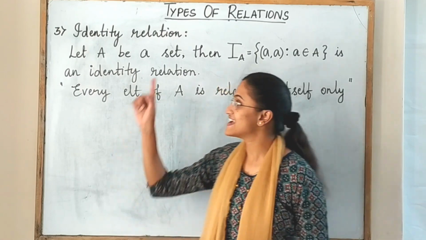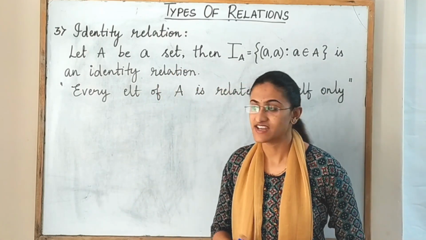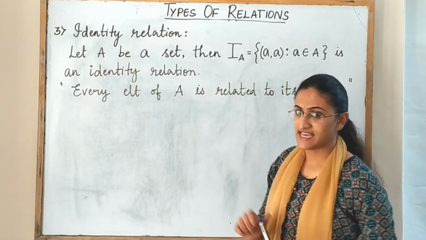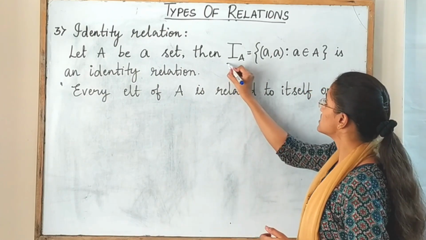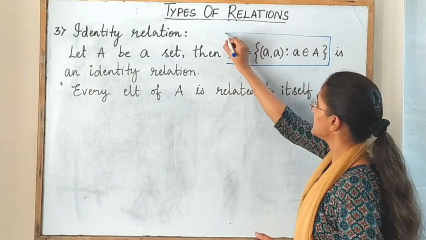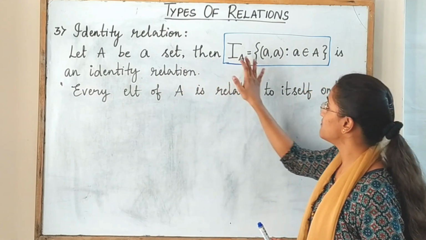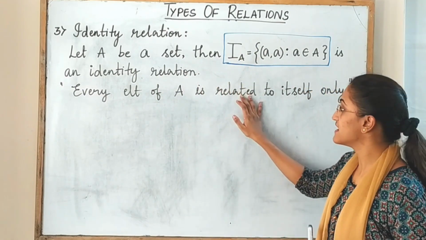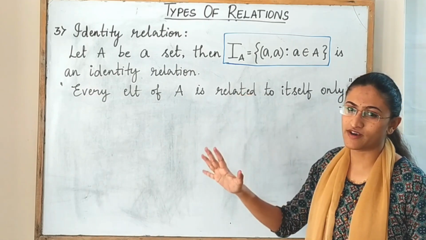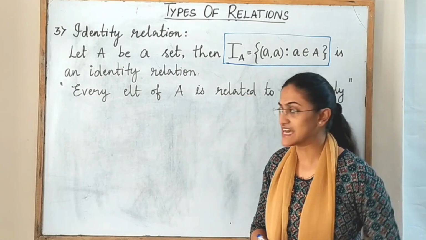The next one is the identity relation. Let A be any set, then a relation of this kind is called an identity relation if every element of A is related to itself only. Let us have a small example.